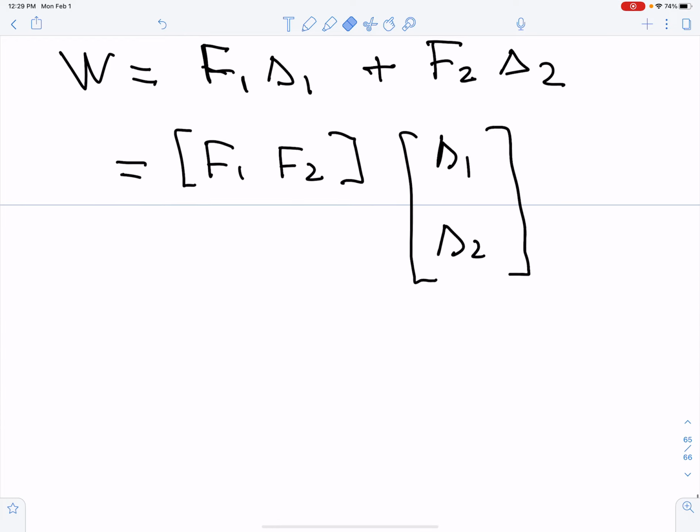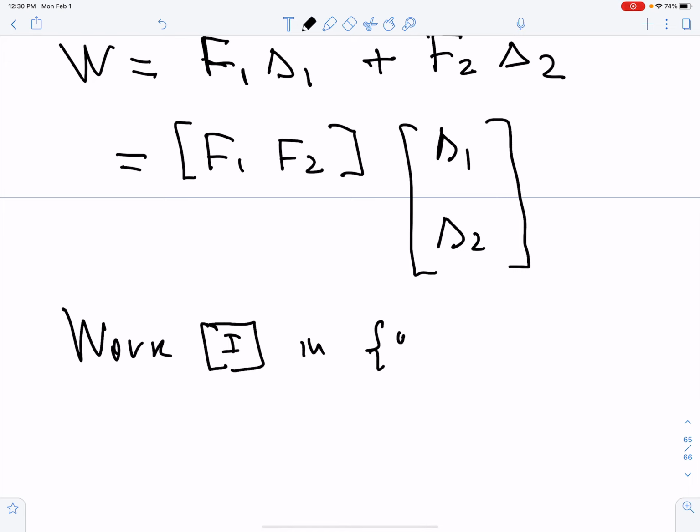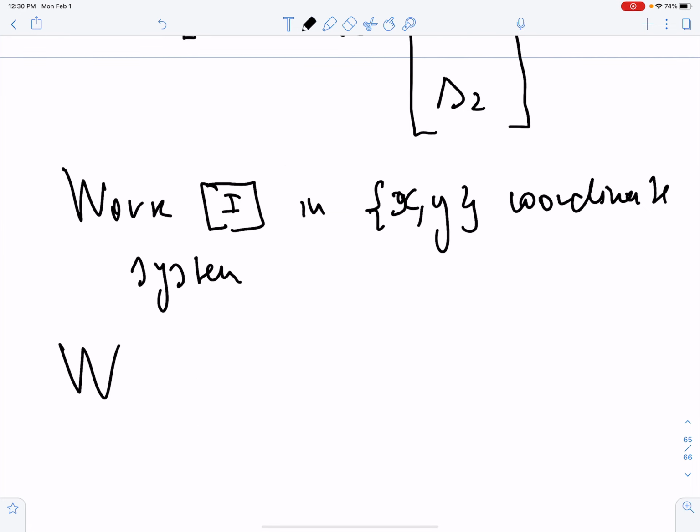So, work at node I in the xy coordinate system, it's the same amount of work, W, it's the same.